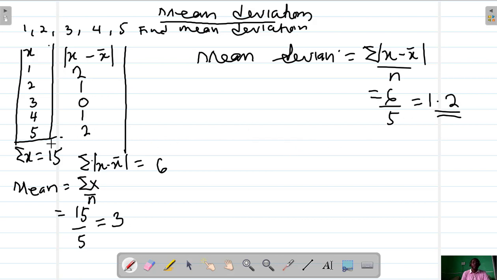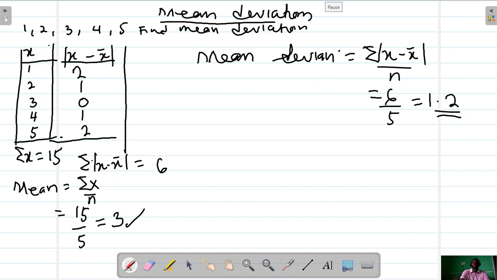So when we are given something to solve under mean deviation, you find the mean first, like this that we have. Then you subtract all the marks from the mean. Then you sum all the results up. Then you find the mean of that. That will give you the mean deviation.